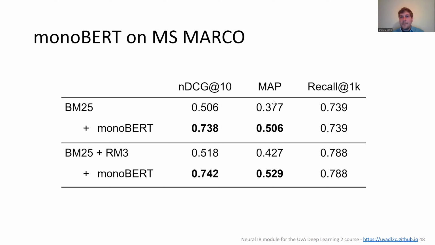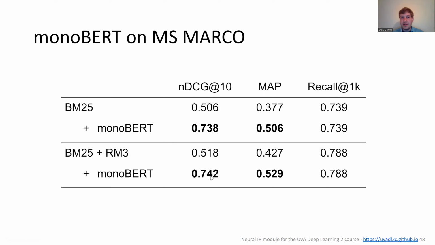We can also see that if we change the first stage retrieval method used, so this is BM25 with some query expansion method added on. The details of this are not so important for Deep Learning 2 specifically, but what a query expansion method is going to do is essentially add new terms to the query that are hopefully useful with very specific weights. So we see that this is robust to the different choice of retrieval method.